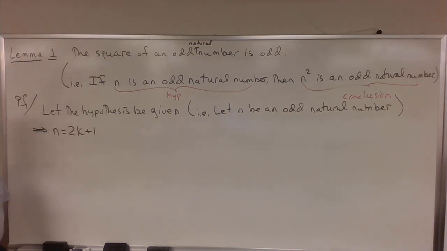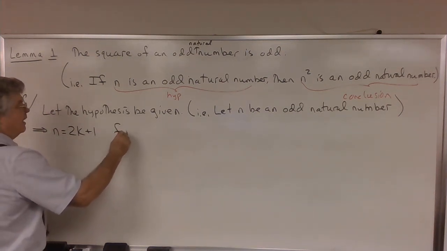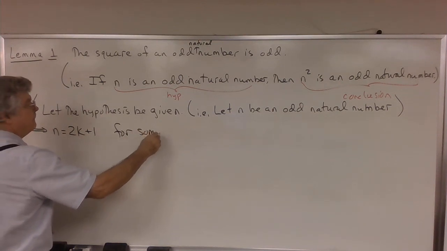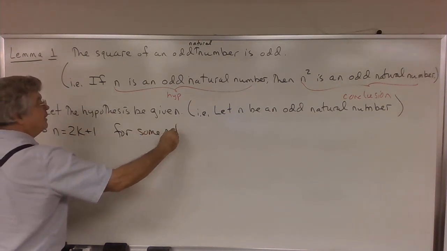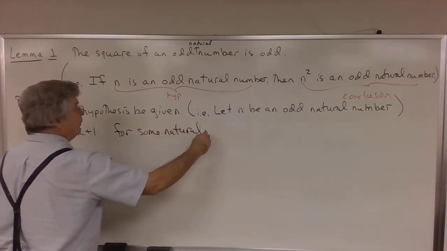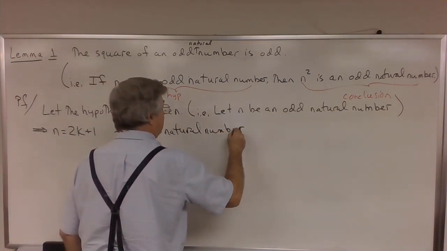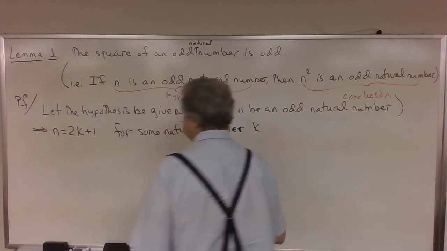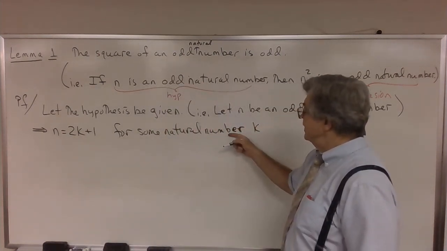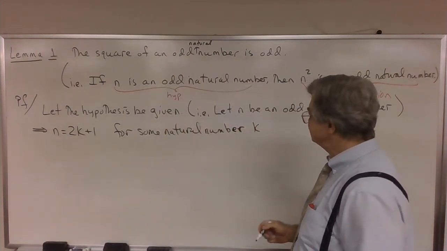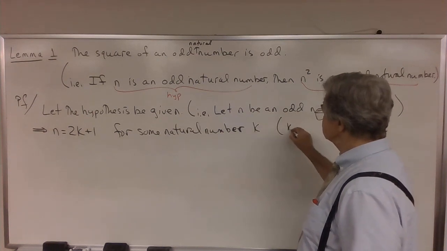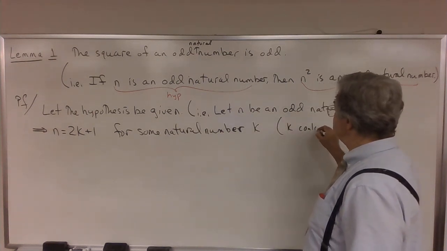And I'll say for some natural number k. And here when I say natural number, k could be 0.